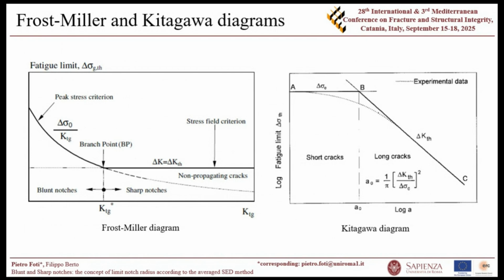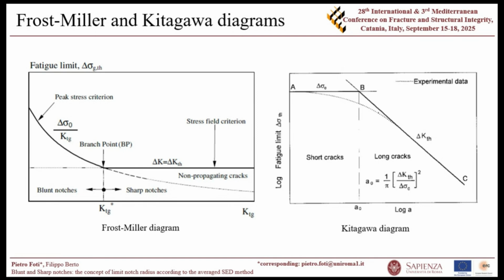In this case, we need to deal with the notch effect with some more advanced concept, and in particular with true fracture mechanics or through methods that are derived from fracture mechanics concepts, such as, in terms of stress, the theory of critical distances. And in terms of energy, we can deal with this zone of the diagram with the strain energy density method, as an example.